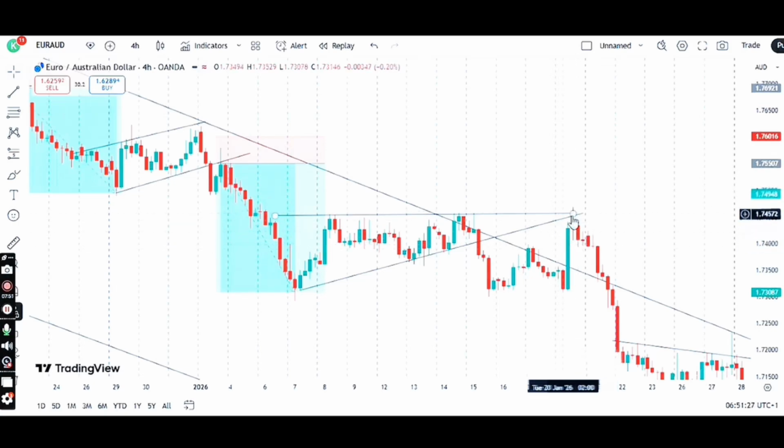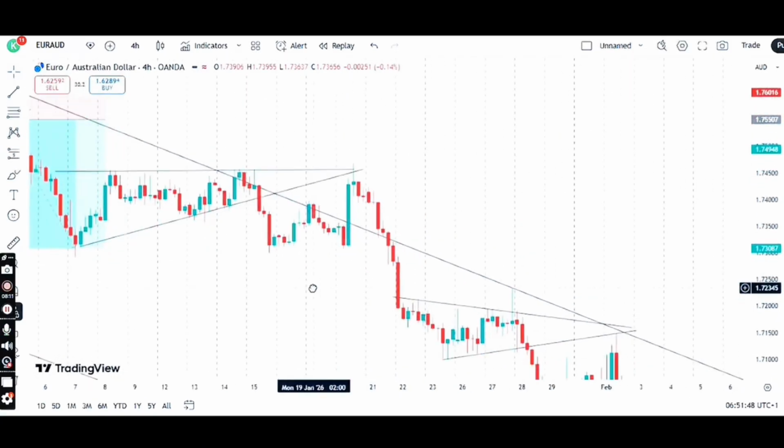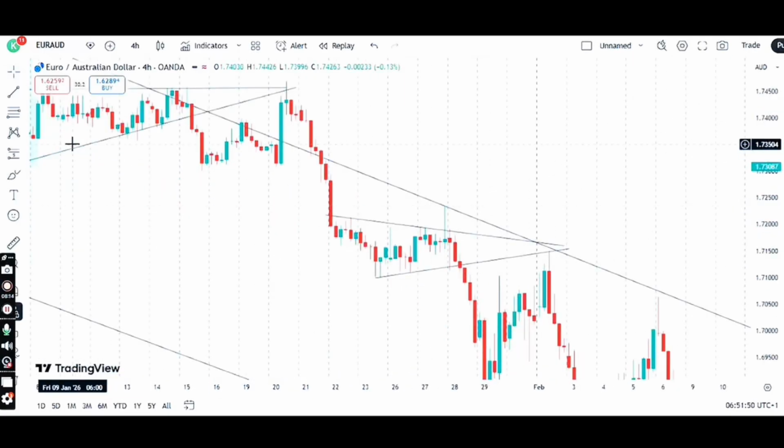Okay, so this is a form of rejection. So when this happened, the next thing you have to do is to look for a continuation of selling. So this is a form of retest of this break of structure here. So you have taken another opportunity down like this. So this is another opportunity we have taken, this particular trade.